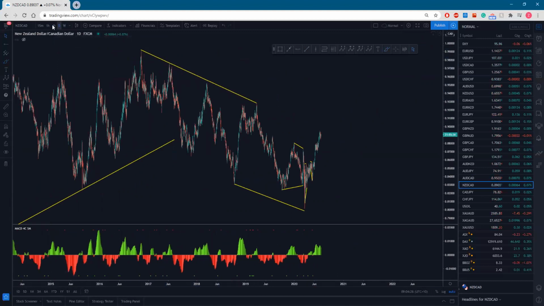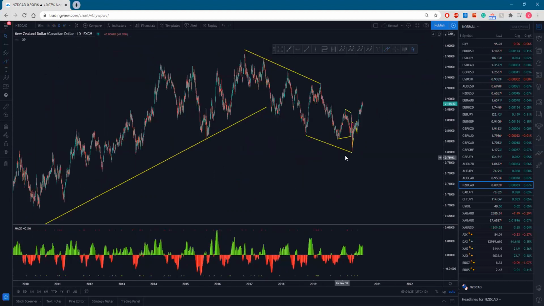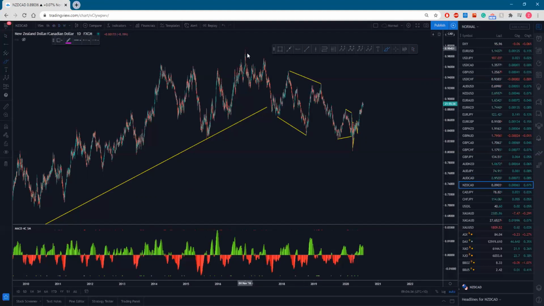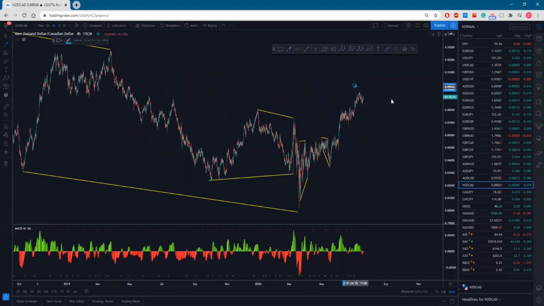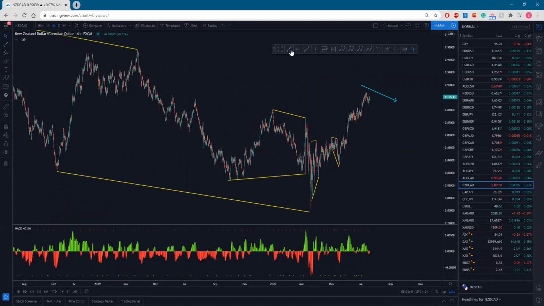At the moment, I'm going to go with this option just because this fits better. So this could be A, B, C, finished. Now we've just reversed with your trend lines, like so. I would allow for this to give me some sideways first, and once I've got that, you go long.